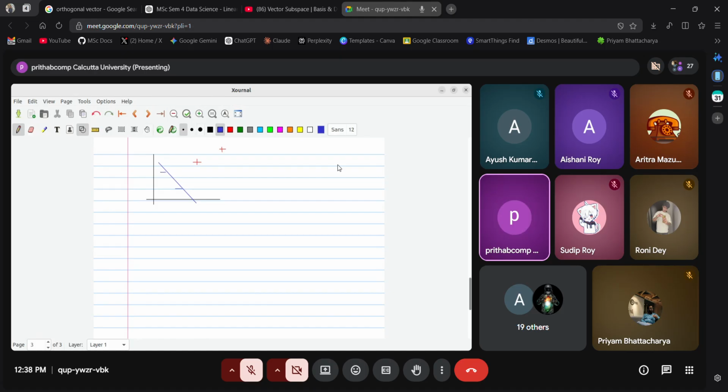And this red one should go through this.